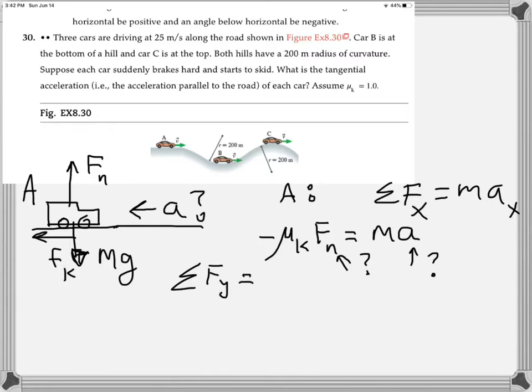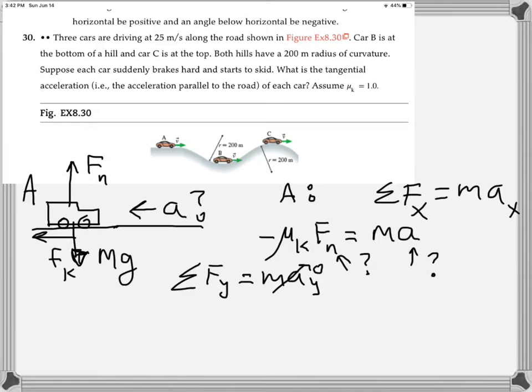So to find out how much it is, you have to look at the sum of the forces in the y direction equals mass times acceleration in the y direction. Now the acceleration of car A in the y direction is 0 because we said the road is flat, so there is no vertical acceleration. The car is only accelerating tangentially.